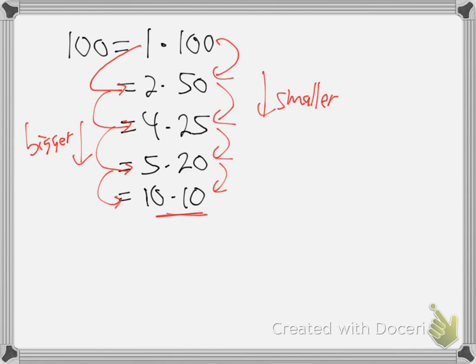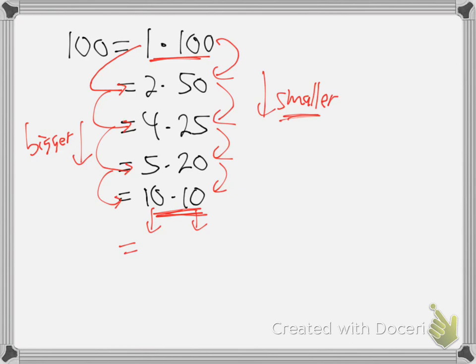They started off way far away from each other, and now they've tied. And if we go beyond the tie point, the number on the left is going to get bigger than 10, and the number on the right is going to get smaller than 10. They're going to cross over each other, aren't they?